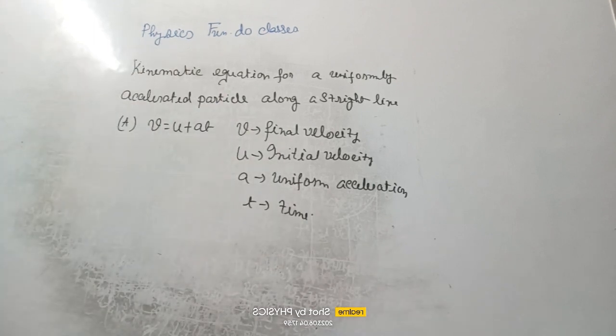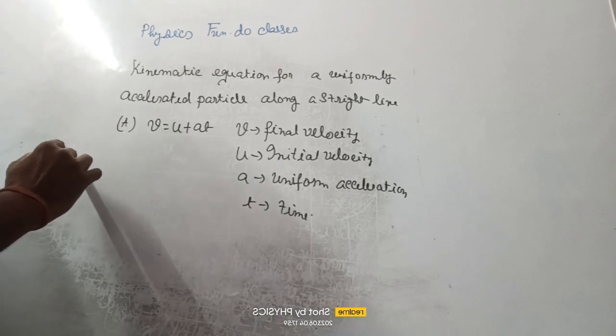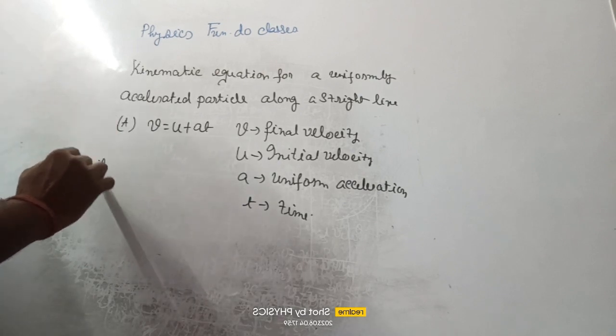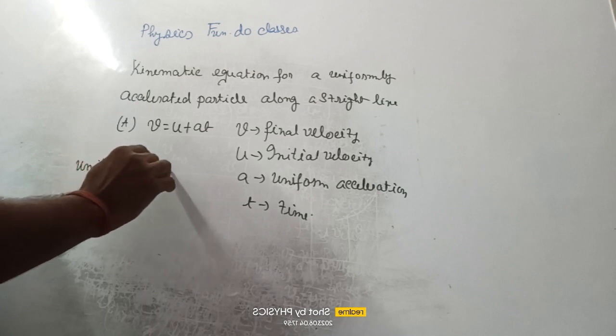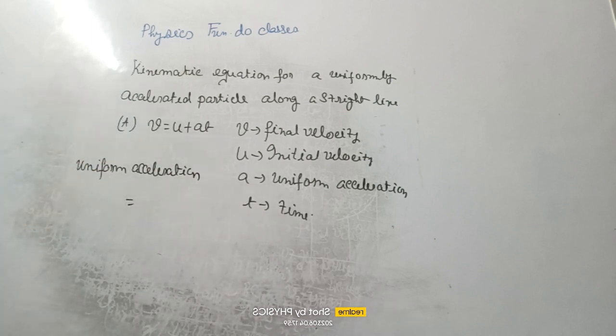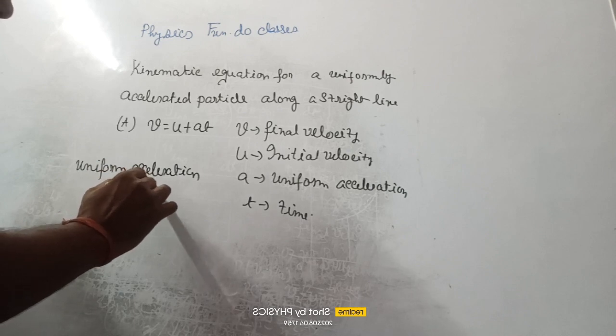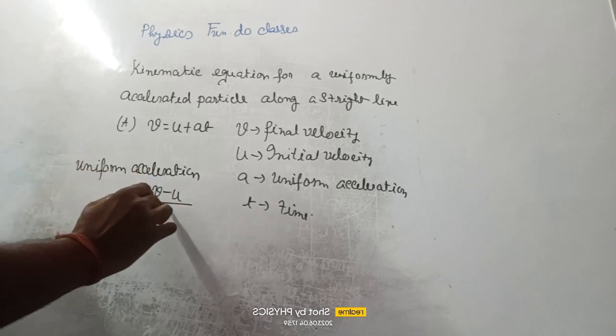Now here we have the uniform acceleration is equal to change or increase in velocity by time. Increase in velocity is v minus u by rate of change, that is t.